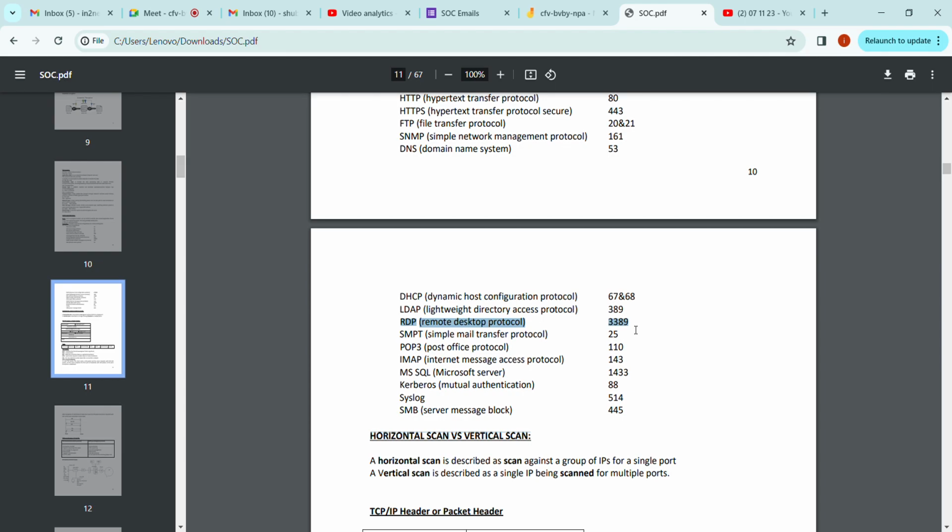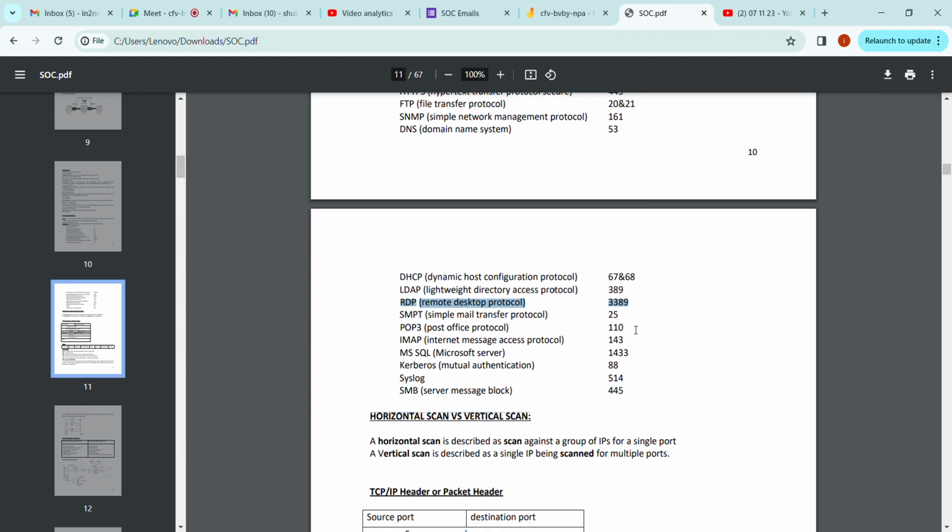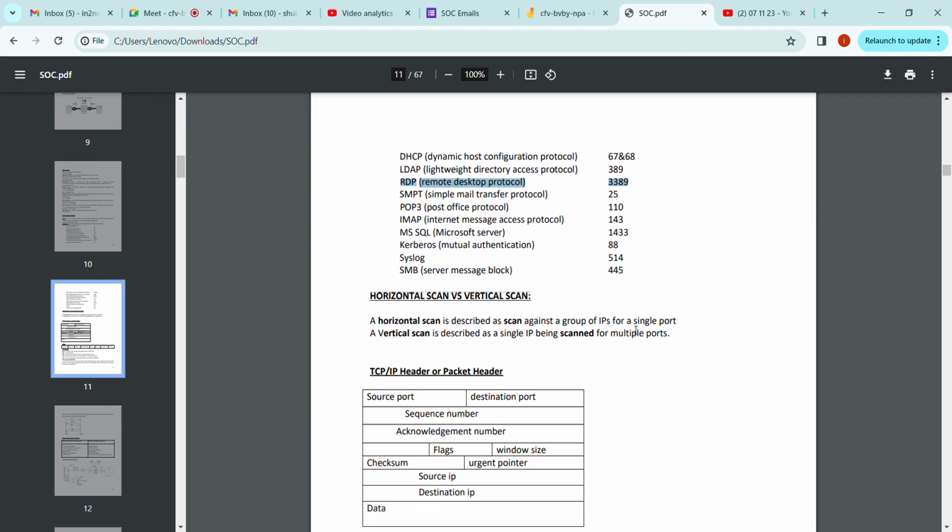So if you're not using a service, you need to disable it. To find out which services or port numbers are in active state, this scanning process could help us.